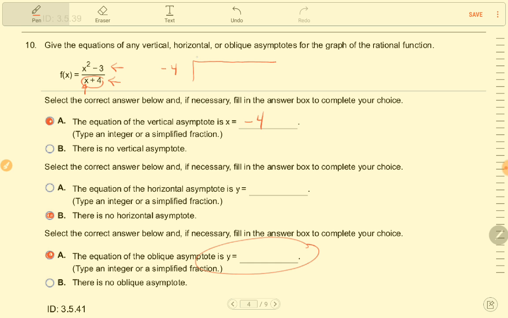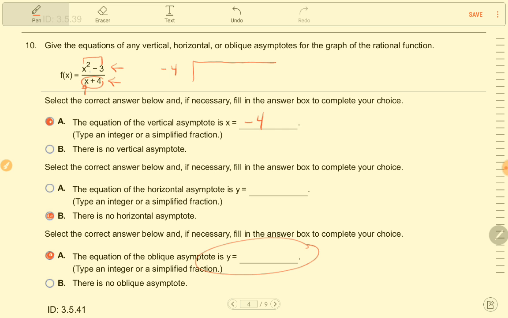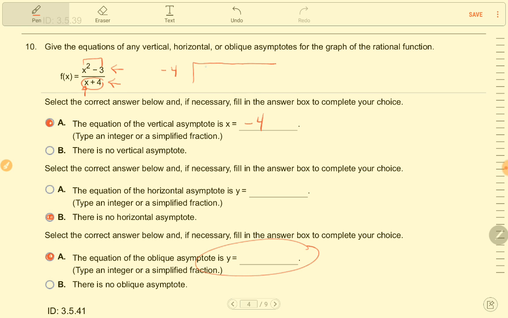And the coefficients of the polynomial I'm dividing, making sure that the degree of the terms go in descending order, and also that I don't skip any. So I have a coefficient of 1 on the x squared term.